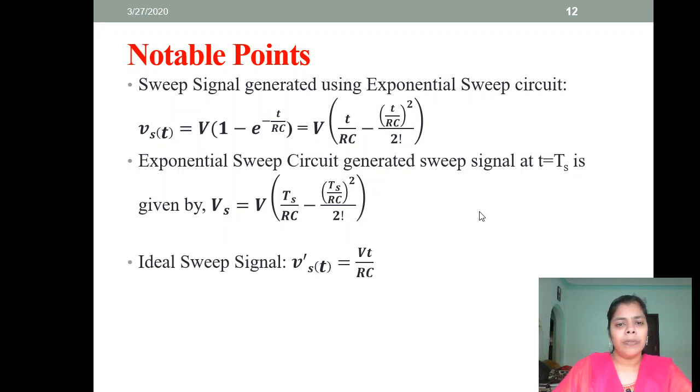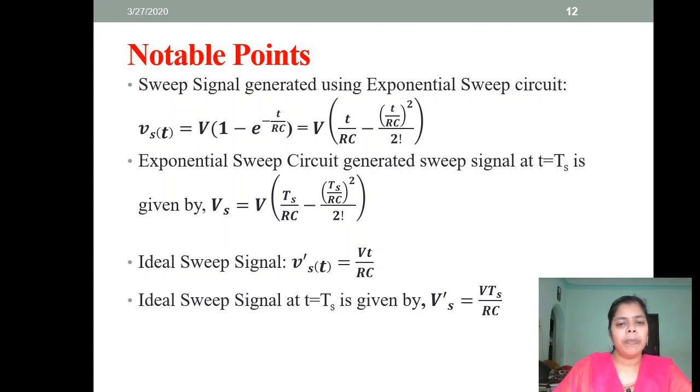But the ideal sweep signal to be generated is Vs dash of t, given by Vt by Rc, where V by Rc is the slope of the signal. And the ideal sweep signal at t equal to Ts is given by Vs dash, which is Vts by Rc.